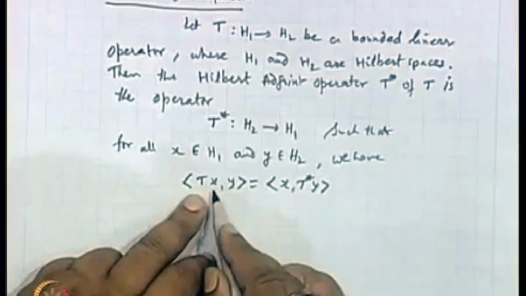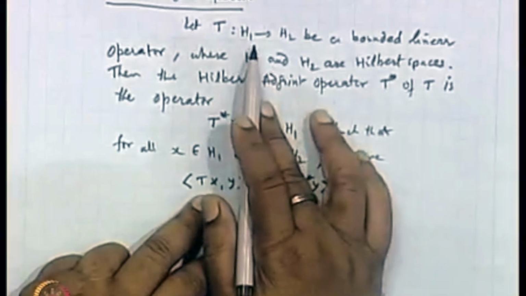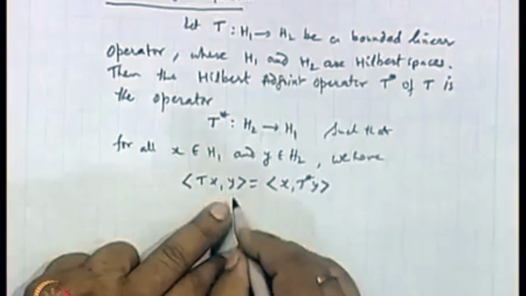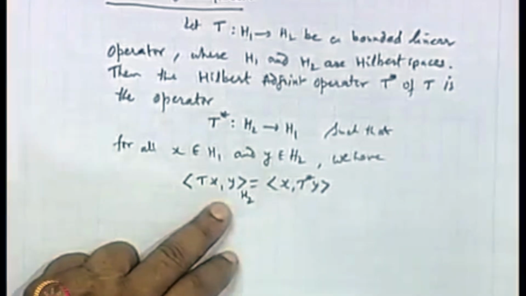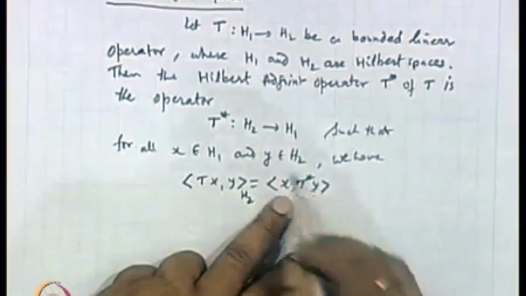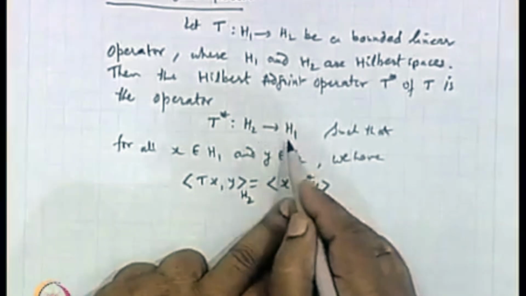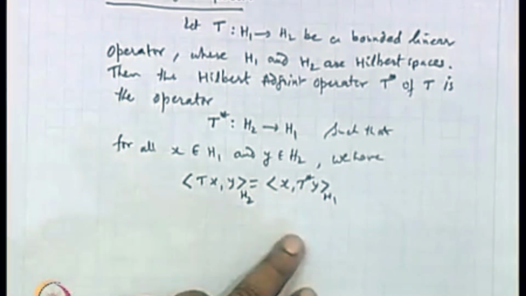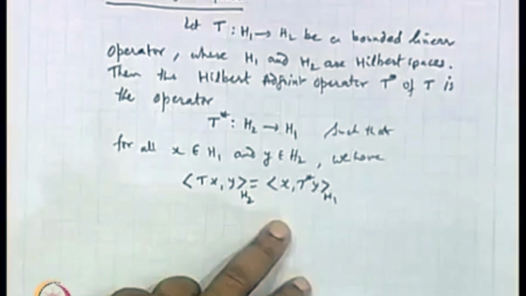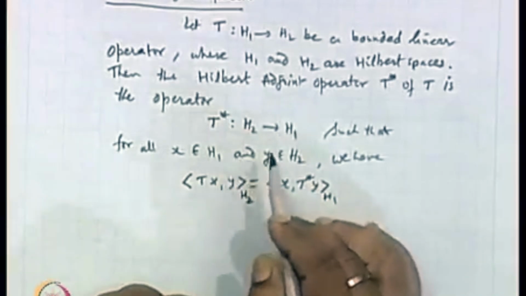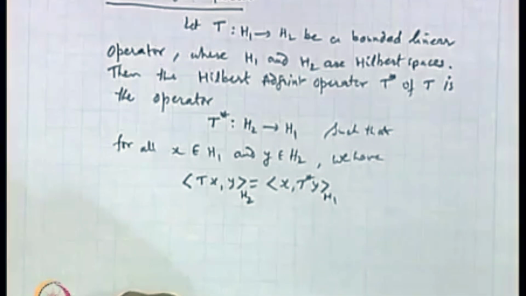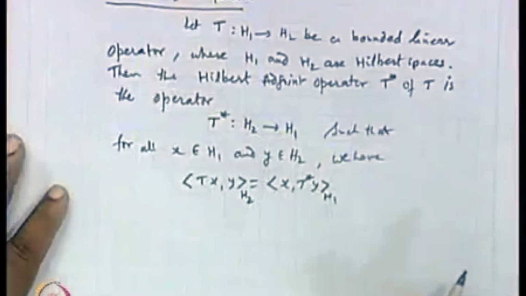Here Tx is a point in H2, since T maps the elements of H1 to H2, and y is in H2, so this is the inner product of H2. x is an element of H1 and T star is a mapping from H2 to H1, so this is the inner product of H1. So both are well defined inner products. Now when these two values are identical, then we say an operator T star from H2 to H1 is a Hilbert adjoint operator T star.